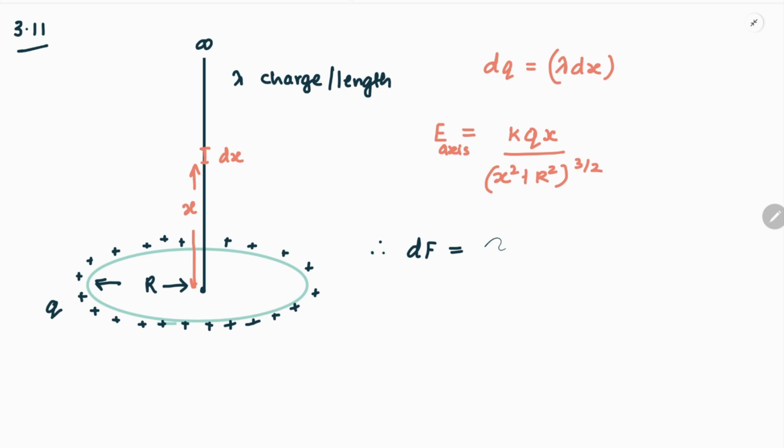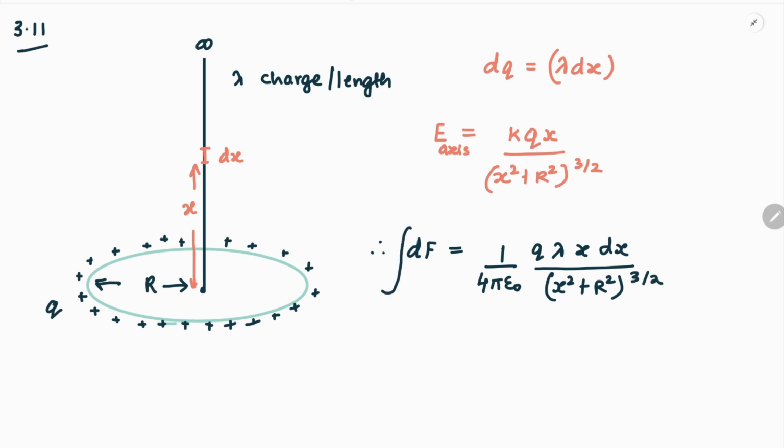Therefore the elemental force dF on this charge can be written as 1 upon 4 pi epsilon naught, q lambda x dx upon x square plus r square to the power 3 by 2. And since this wire stretches from 0 to infinity, we consider the length from 0 to infinity. If we integrate along the entire length of the wire, then we will get the final answer.